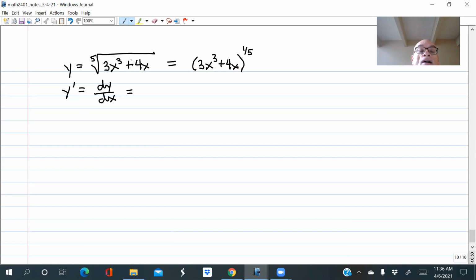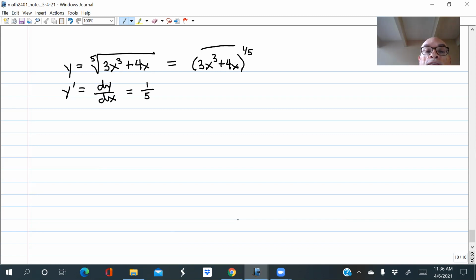Okay, and now let's go through the differentiation process to find y prime. The whole purpose of converting it back to that fractional exponent is so that we can use the power rule. So our first step in differentiating here is going to be to apply the power rule.